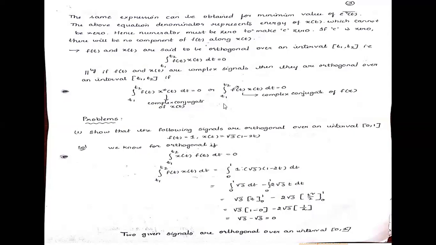So it is not complex here. Whenever we take the magnitude, we get the square root of x square plus y square. A complex signal is nothing but x plus iy. What is the magnitude for that?